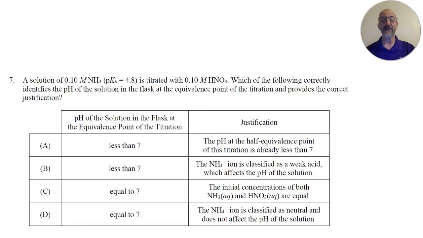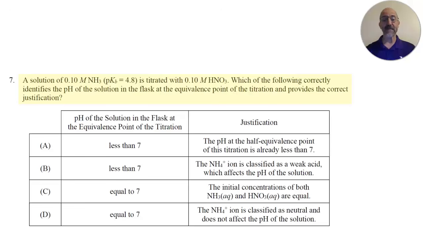All right, well, now it's time to move on to the practice for topic 8.5. This is question 7. In question 7, it says, a solution of 0.10 molar NH3, so that is ammonia, that happens to be a weak base. It has a pKb value of 4.8. So that solution of a weak base, ammonia, is titrated with a 0.10 molar solution of HNO3.